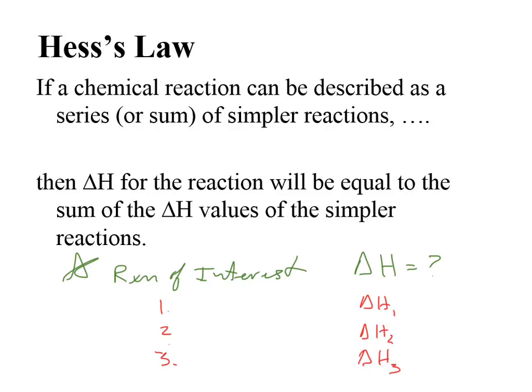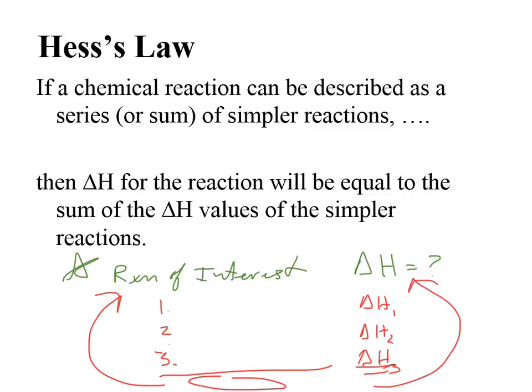And like I said, it's about adding chemical reactions. If the sum of the reactions is equal to your reaction of interest, then we can just add these together, and the sum of this is equal to that. That's it. That's all.